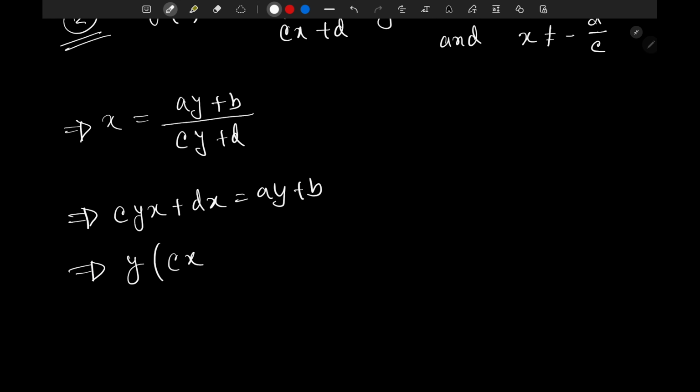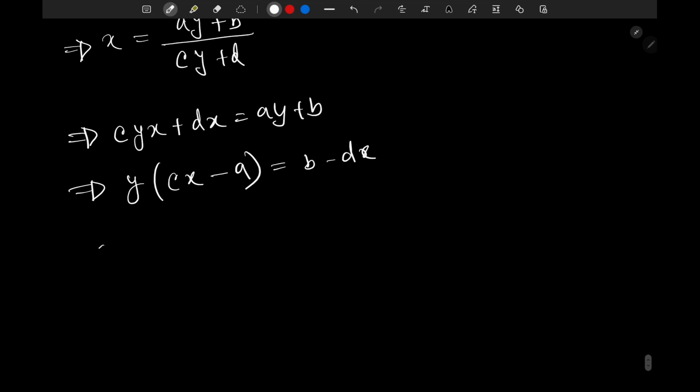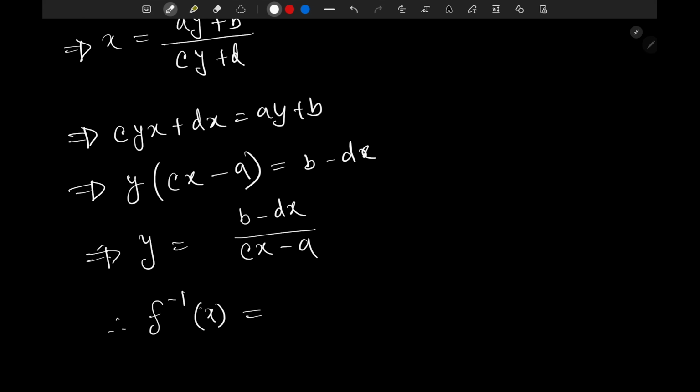You have cyx minus ay equals b minus dx. Sorry, my bad, I had written minus b earlier. So factoring out y, and finally you have y equals (b minus dx) divided by (cx minus a). So you are claiming that the inverse function is (b minus dx) divided by (cx minus a).